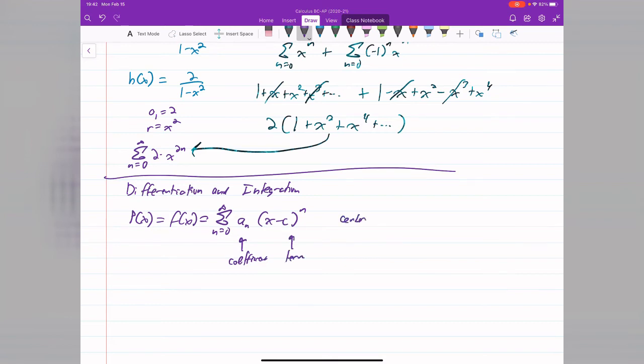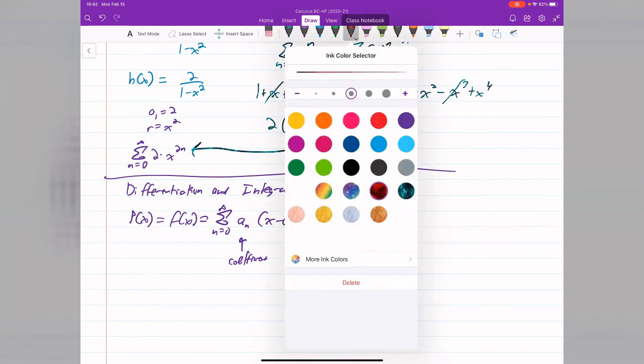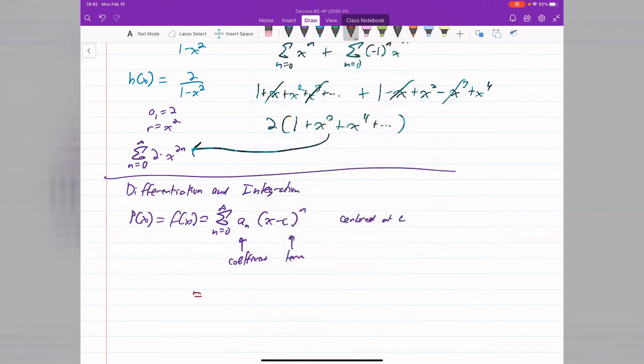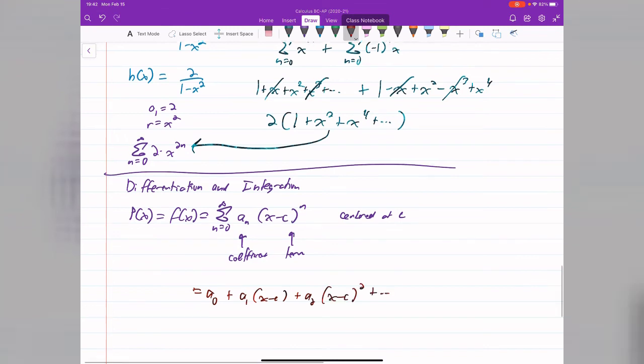If I write the terms out, this is equal to a sub 0 plus a sub 1 times x minus c plus a sub 2 times x minus c squared, and so on.